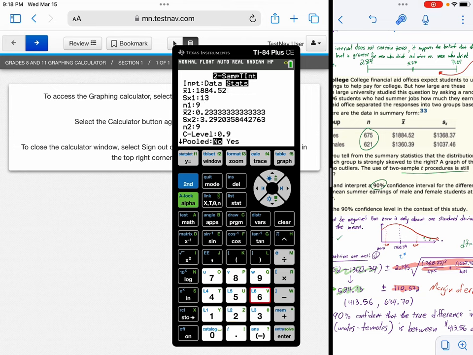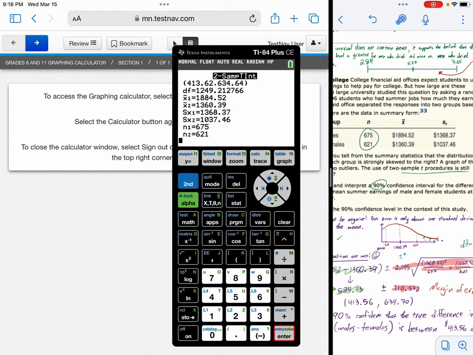Their standard deviation is 1368.37. Oops, I hit the tangent button. Sample size for the males was 675. Average for the females, 1360.39. And 621. 90%, don't pool it. All right.